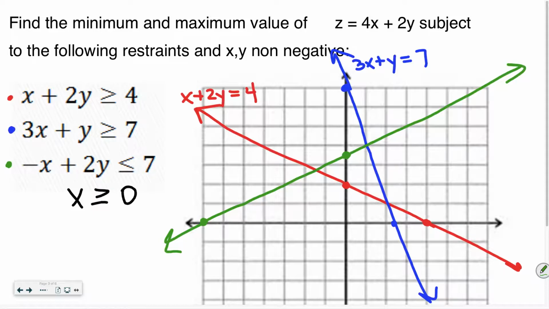And you know what? I've changed my mind. I wrote down the wrong one. I want y is greater than or equal to 0. And y is greater than or equal to 0 means this right here, right? There's y equals 0. I really apologize for that one.